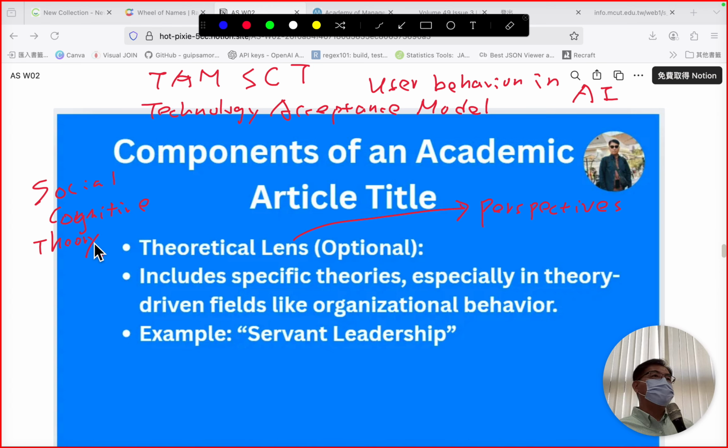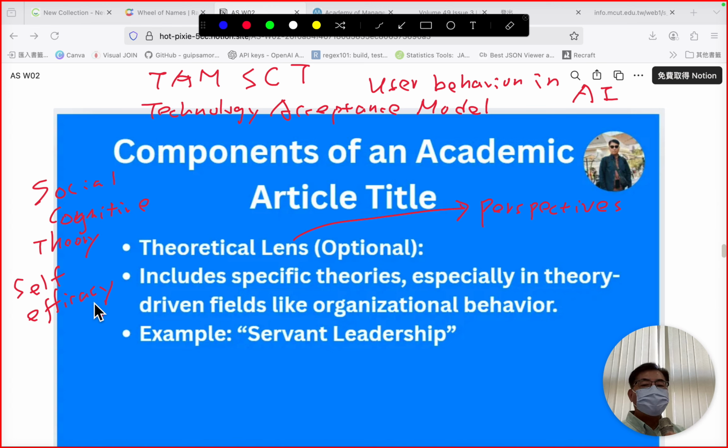No? Okay. The key component in this theory is called self-efficacy. Have you ever heard this concept before? Self-efficacy is kind of belief in yourself. I believe I can overcome any obstacle, any difficulty. I can achieve the goal. So it's a psychological concept in this theory.